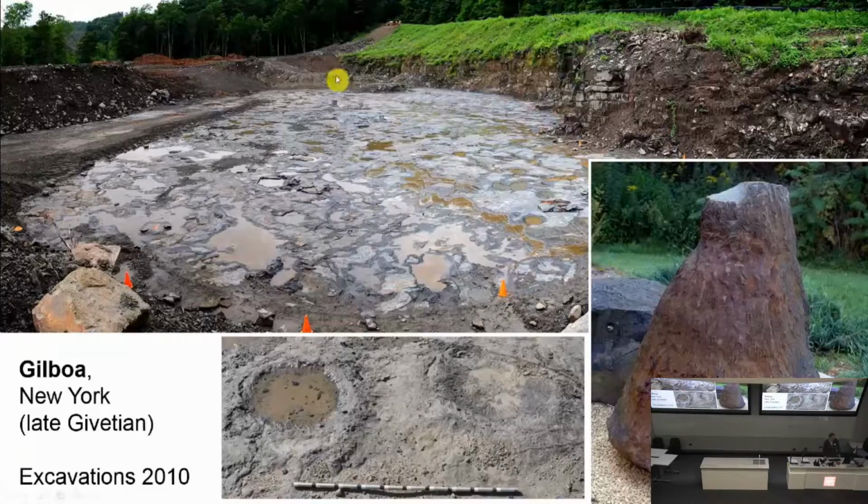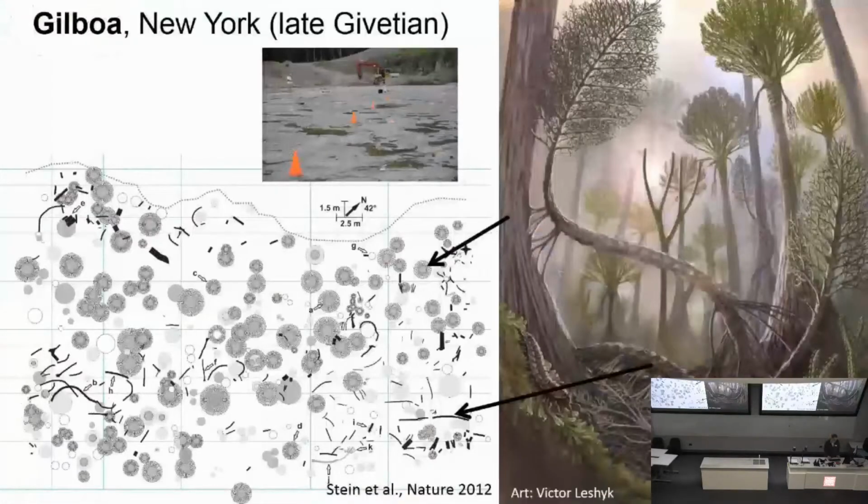So this is the bottom of a quarry in upstate New York at Gilboa, where you can see these imprints here and then all over the surface where these tree stumps were standing. And having an understanding of that and understanding of the plants themselves allows us to consider reconstructing these very early forests as not just specimens, but a whole living system with big rooting systems and interaction between plants and so on.